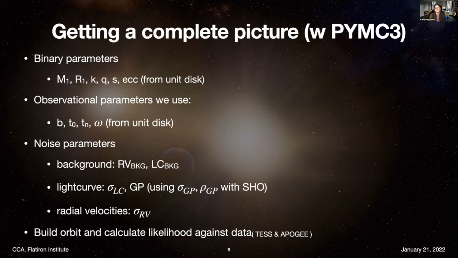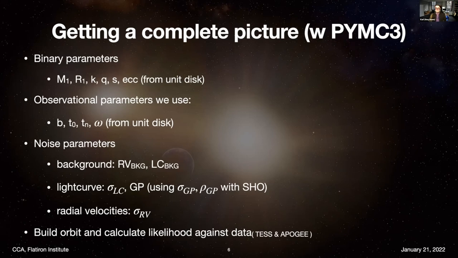We also model the binaries using the observational parameters, such as the impact parameter, which is a way of describing how close together along our reference plane the two stars come in front of each other during an eclipse. T0, the epoch of the first transit, and then Tn, which is the time of epoch for the nth transit in the light curve, as well as the argument of periastron omega, which we also derive from a unit disk function.